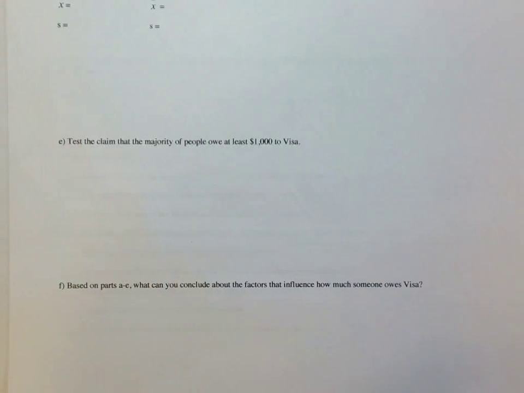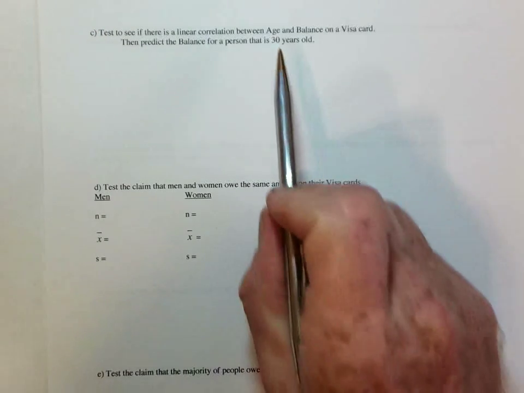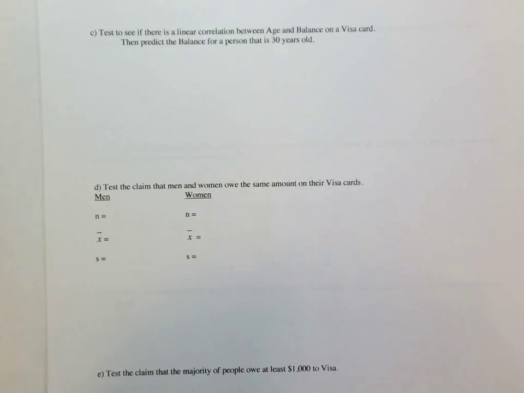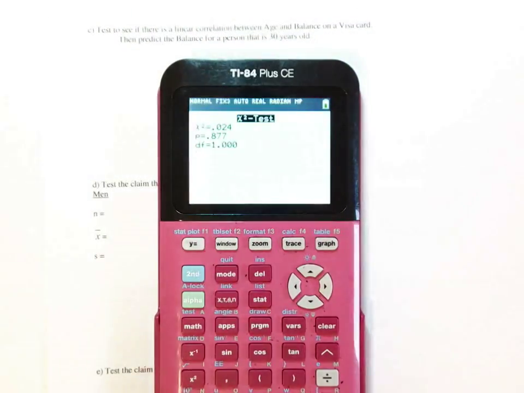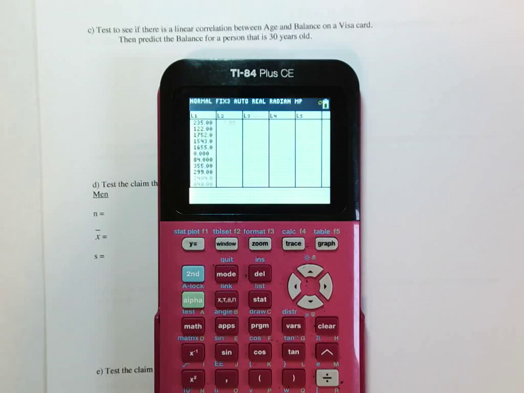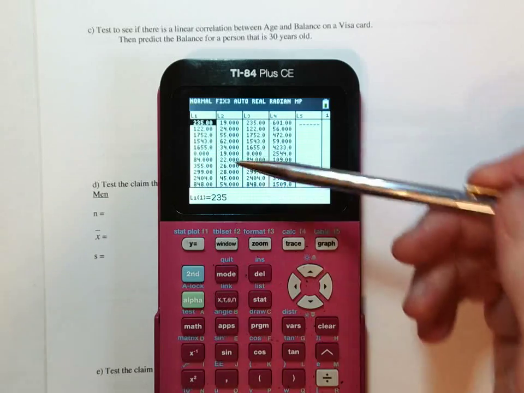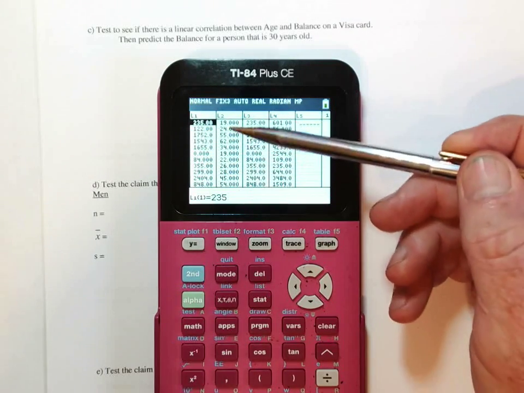So next is part C. See if there's a linear correlation. So age and the amount on the Visa card are the two variables. And if you go back to when I originally typed in the data, this is how much they owe on the Visa, and this is their age.